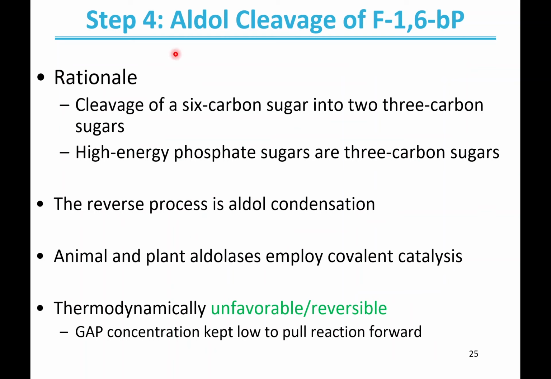The rationale of this step is the cleavage of a 6-carbon sugar into two 3-carbon sugars. High energy phosphate sugars are 3-carbon sugars, so you're creating very high energy intermediate sugars that can then be used to phosphorylate ATP in future steps.